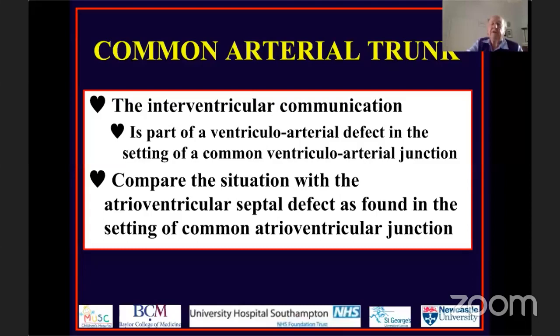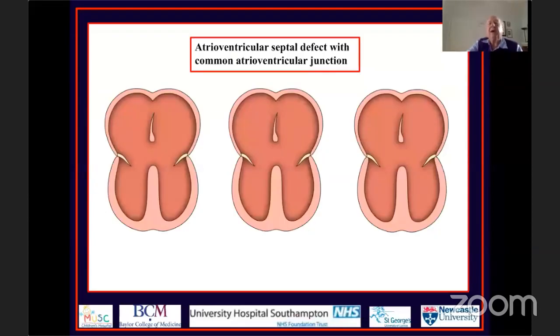And what I'd like to do is to compare the situation that we find in the setting of a common atrioventricular junction. And as you are all aware, when we have a common atrioventricular junction, almost always we also have an atrioventricular septal defect. So let's look what happens when we have atrioventricular septal defect.